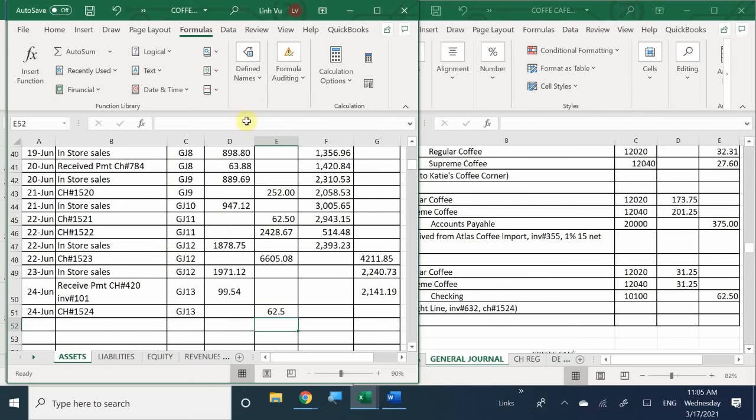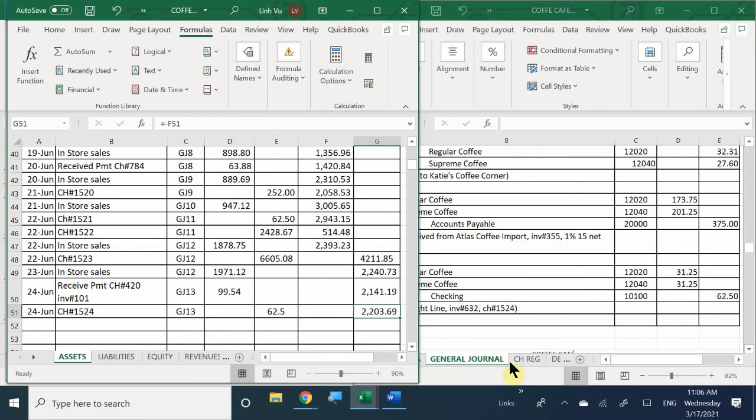So what is now my ending balance? I have 2078.69. No, I have 2051.69. I mean, 22.